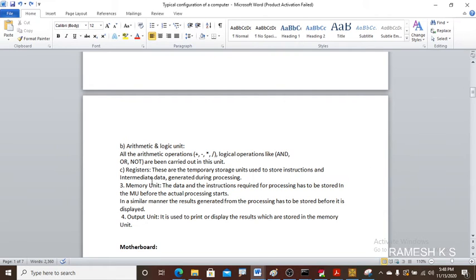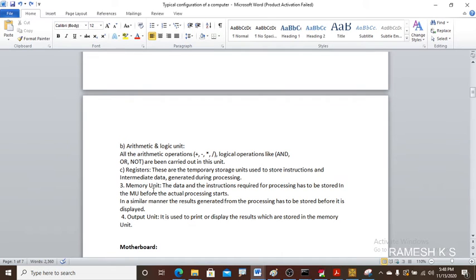Intermediate data, for example 2 plus 3 plus 4: 2 plus 3 is 5, again 5 plus 4 is 9. Here 5 is the intermediate data. This data is also stored and generated during processing, and the result is produced further from these registers. So it is temporary data, not permanent data.